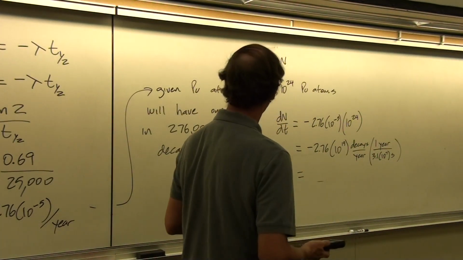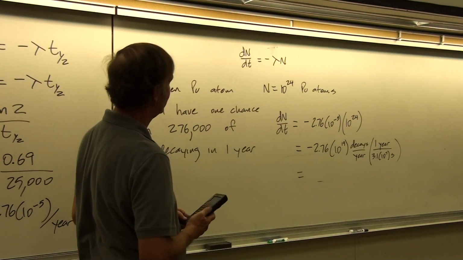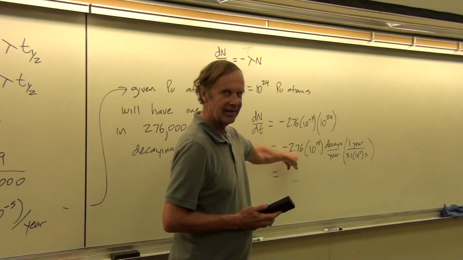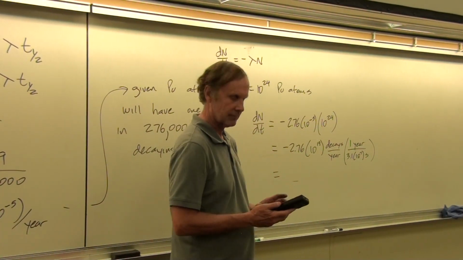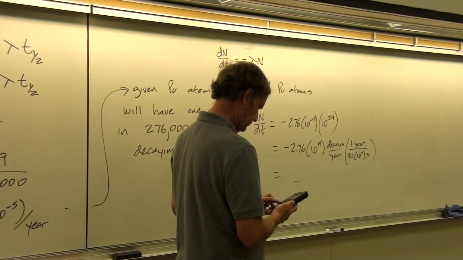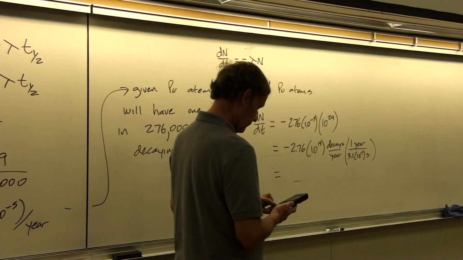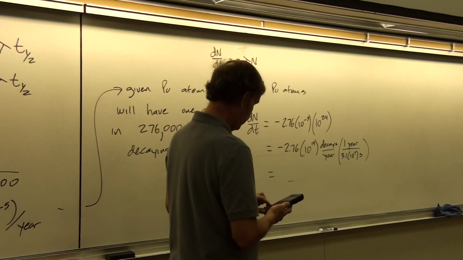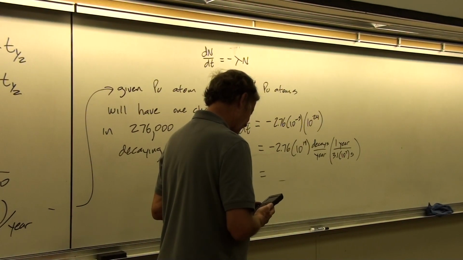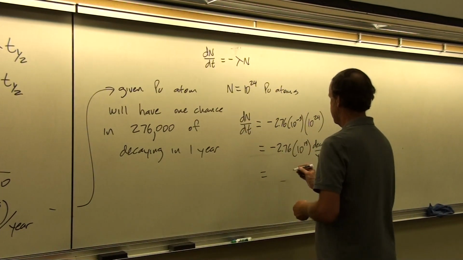Even though there's only 1 chance in 276,000 of a given plutonium particle decaying in 1 year, if you have a trillion decaying per second, that is a pretty big deal. So that gives us 8.9 times 10 to the 11 decays per second.